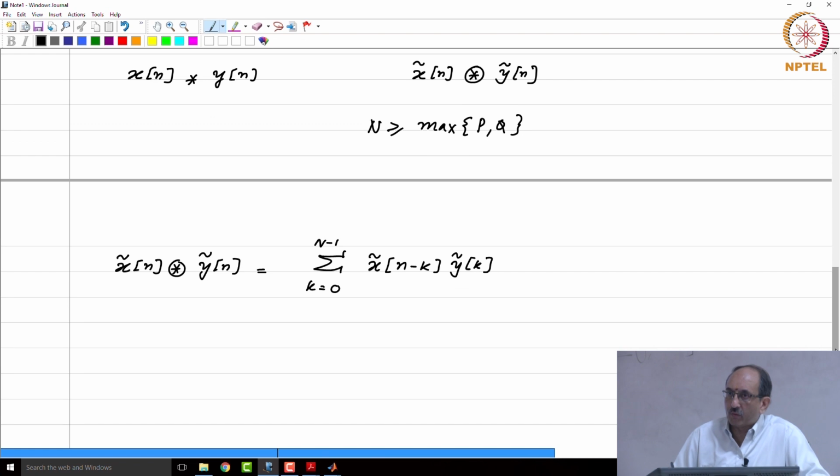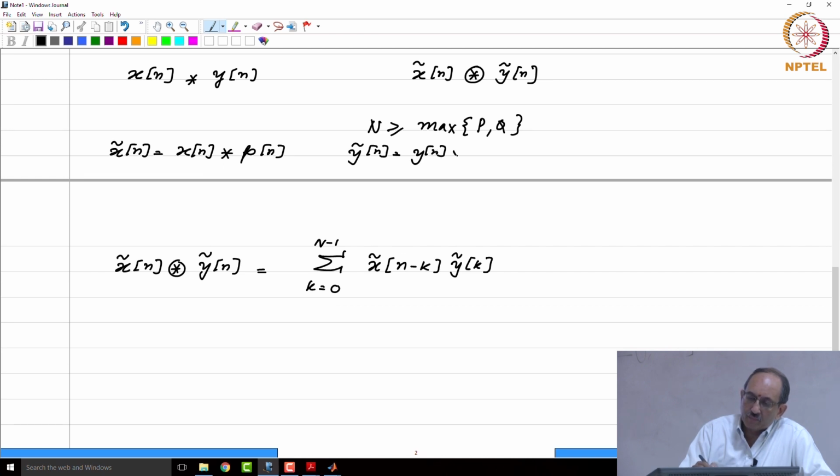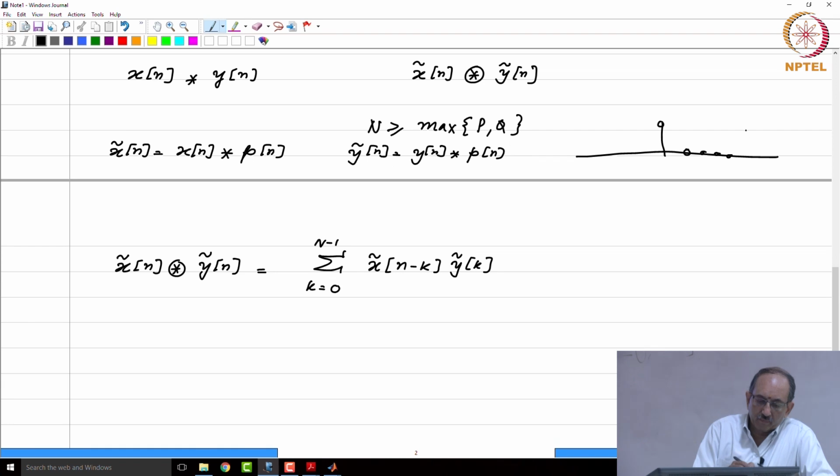So this is just the straightforward definition, and remember x tilde of n is nothing but x of n convolved with p of n, where p of n is your impulse train with period cap N. Similarly, y tilde of n is nothing but y of n convolved with p of n. P of n of course is the impulse train.